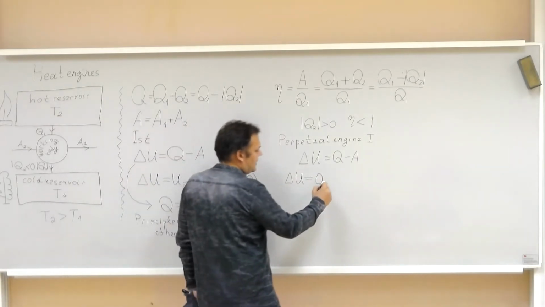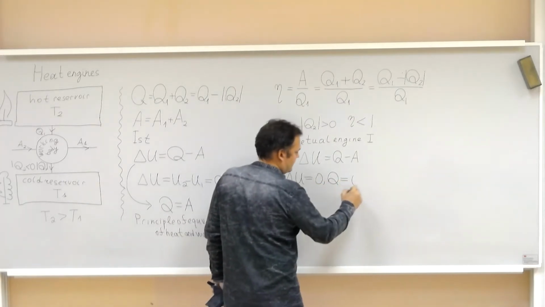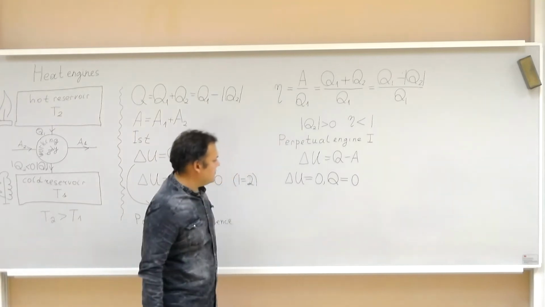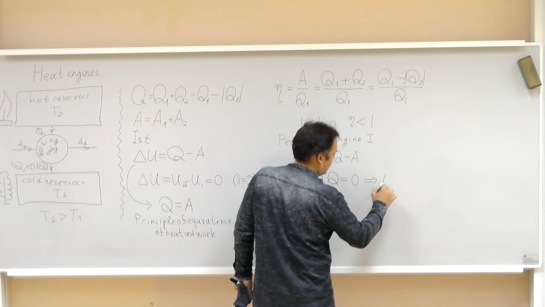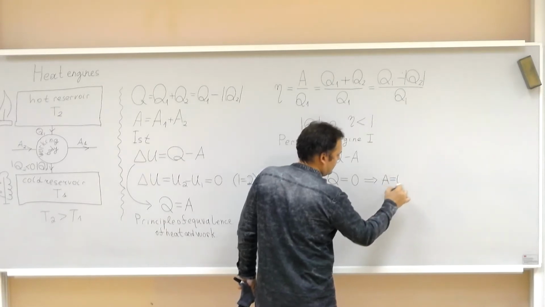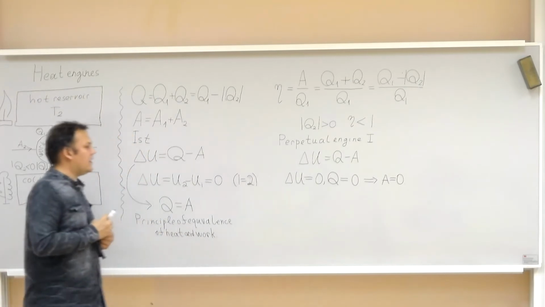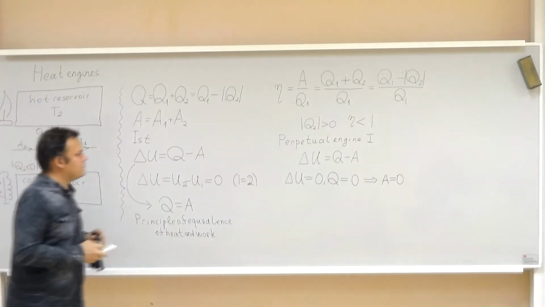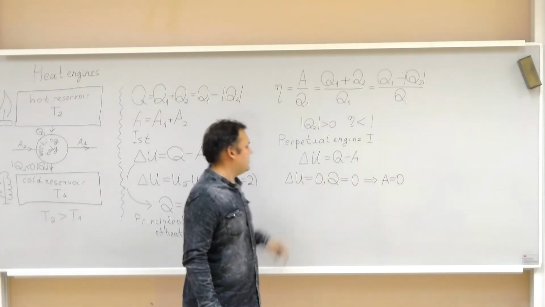It does not take energy from outside. So the only option is A equals 0. This means that this engine can't make work. We were wrong when we stated that this engine can exist.